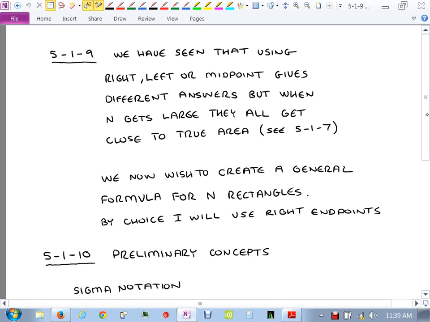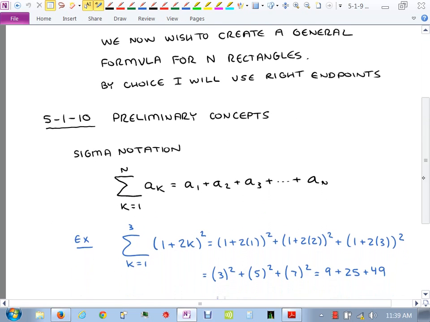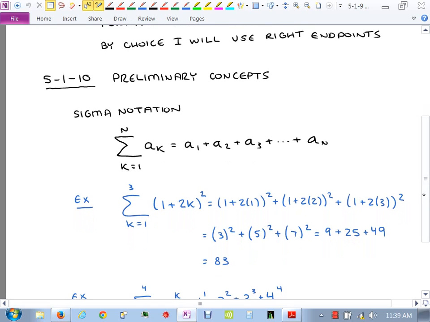All right, before we begin that, you have to know some stuff about sigma notation. So this should be printed out, right? You have this? Okay. So first thing, this right here is the Greek capital S. We use it in mathematics to represent a sum.